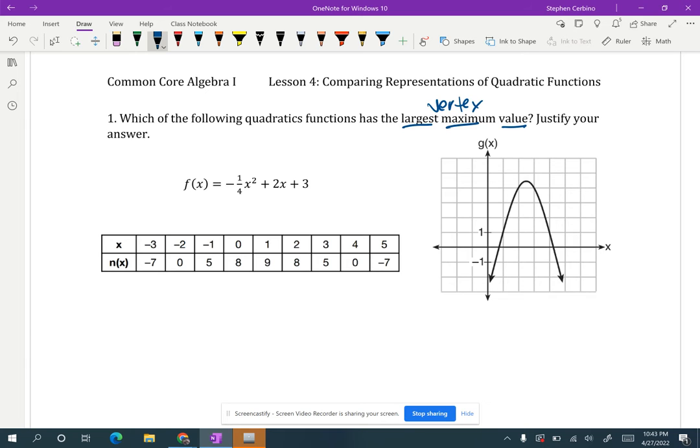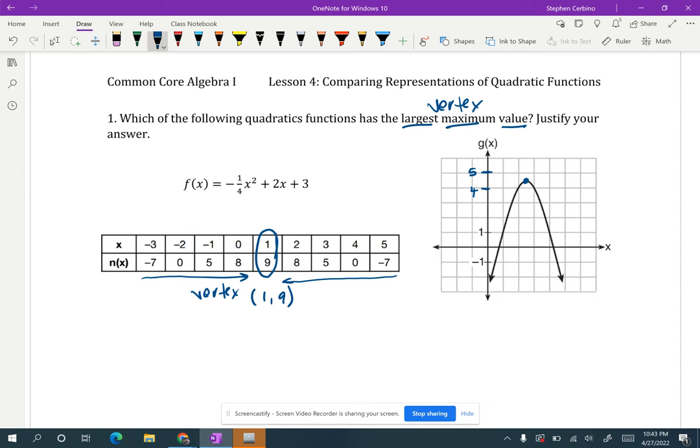So I'm going to look at the table first. Looking at the table, if I look at my y values, they're increasing in this direction and this direction, and they continue increasing until you get to this point of (1, 9). So this vertex is the point (1, 9). If I look at the graph, I have 1, 2, 3, 4, and 5.